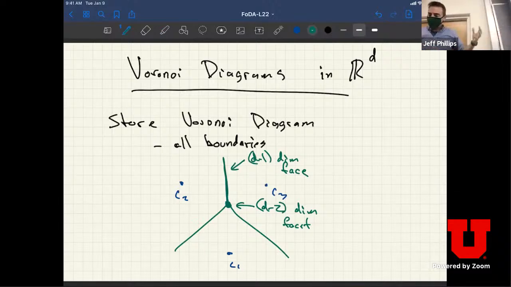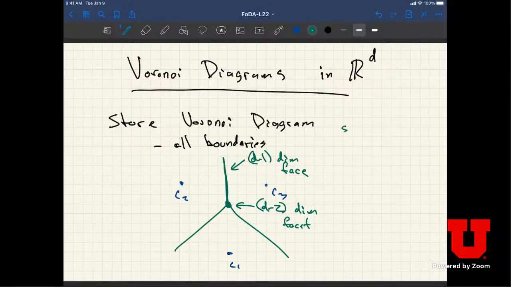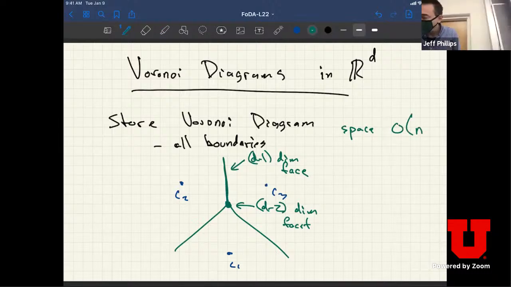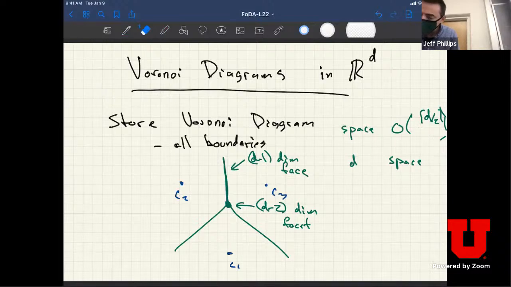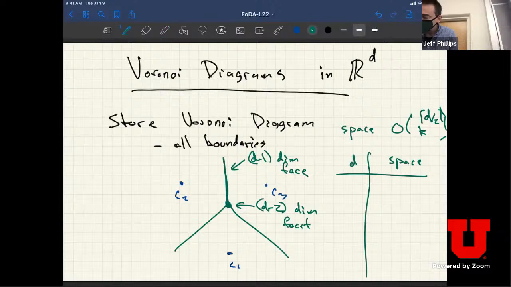Okay, the cost of storing all of these in R^D is going to have a space that is O of n to the D over 2, the ceiling of D over 2. Okay, so for D, sorry, this is K, right? So think of a table here.